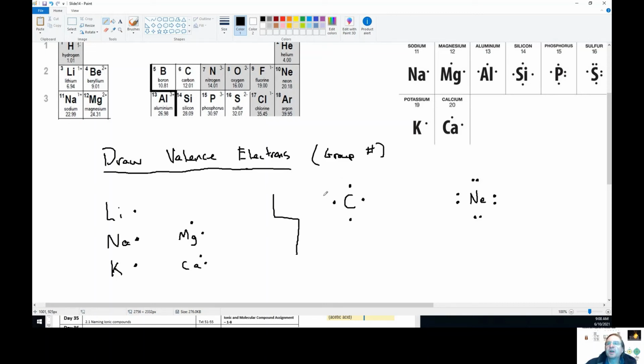Carbon, with its 4, needs to accept another 4. For example, hydrogen will easily link up, and in fact, that's methane. When you take 4 hydrogens and link them up, because carbon is going to want, let me just do this so that it's transparent, carbon is going to want to fill up its valence. It's going to want to become like neon, so it's going to need 4 of these, right?